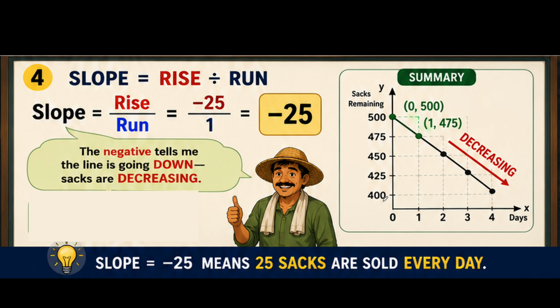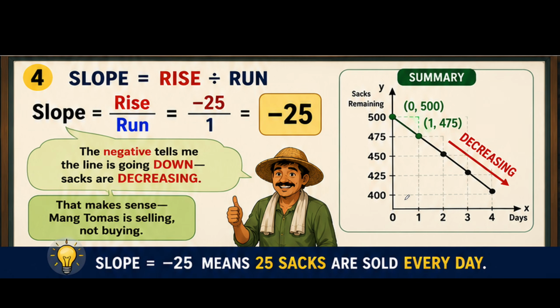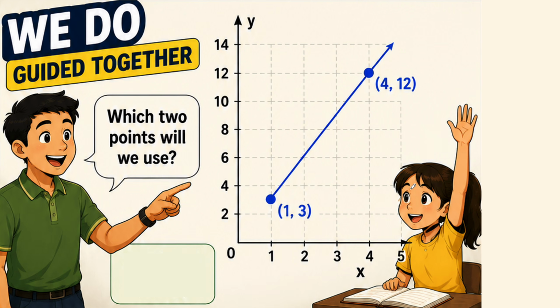Okay? So the negative tells me the line is going down, sacks are decreasing. Ibig sabihin, nababawasan ng sako habang dumaraan ang araw. So that makes sense. Mang Tomas is selling, not buying. Dito kumikita yung magsasaka. No?